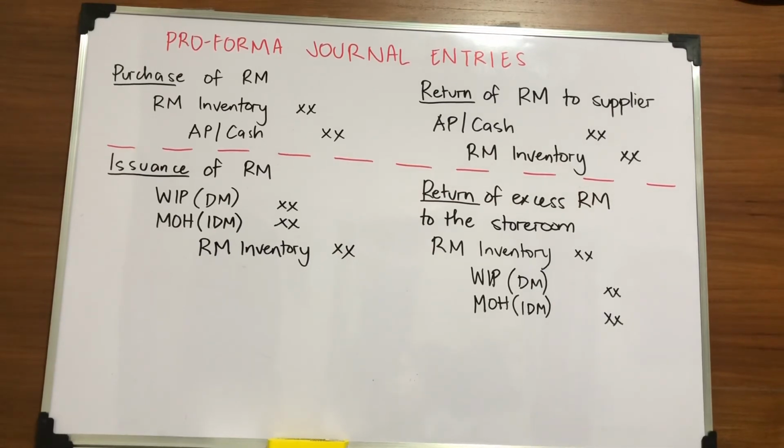Let's say the production supervisor initially requested 1,000 units of material A, but after careful examination, when they received the 1,000 units, the production supervisor determined that they just need 500 units of material A. So the production supervisor has to reverse the entry for the issuances. He will debit raw materials inventory and credit work in process and manufacturing overhead for 500 units.